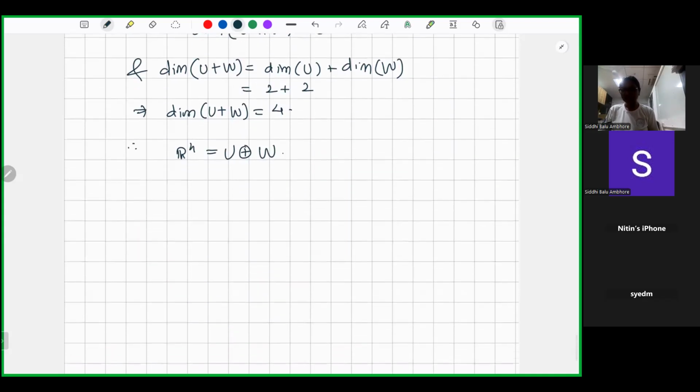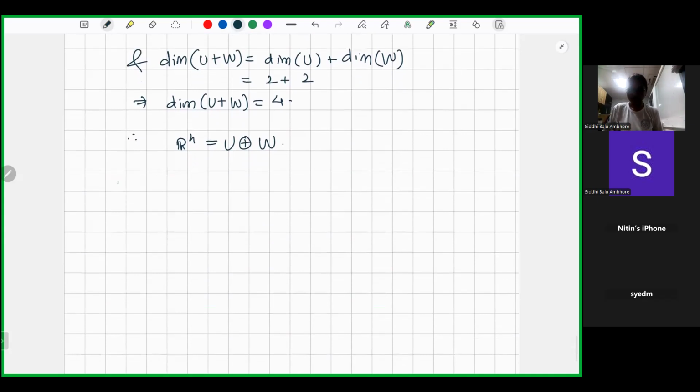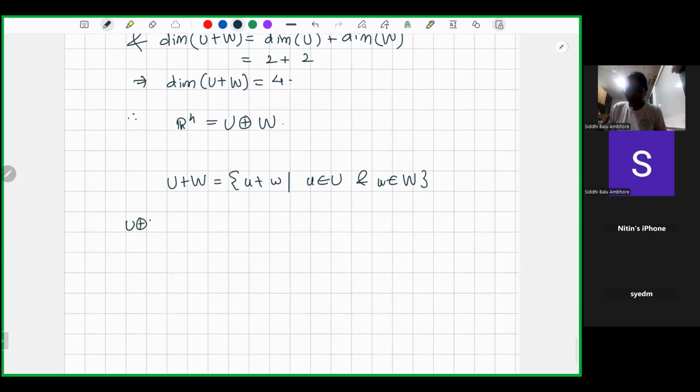Any doubts here? So I hope you know the difference between these. This is just U plus W such that U is in U and W is in W. And this is also U plus W such that U is in U and W is in W, and U intersection W is singleton.